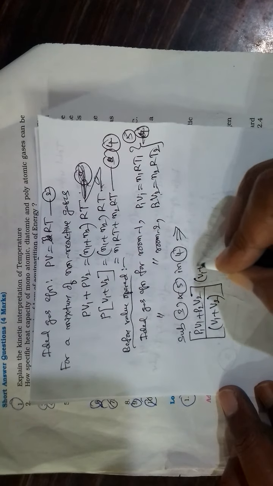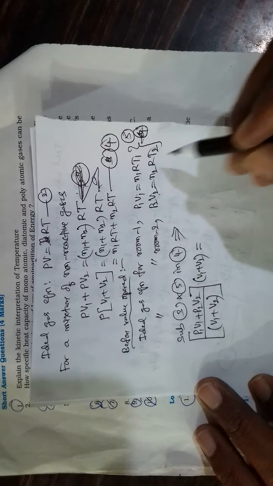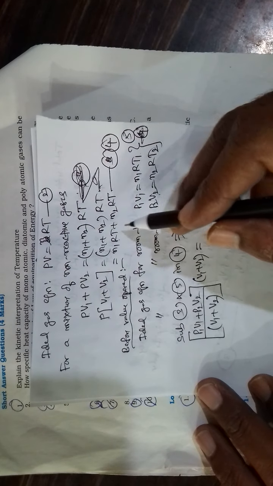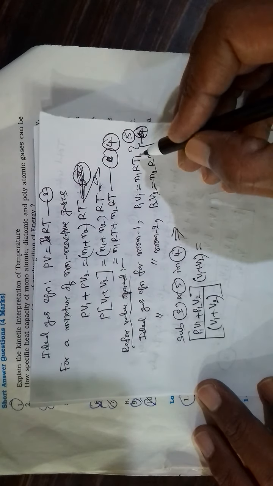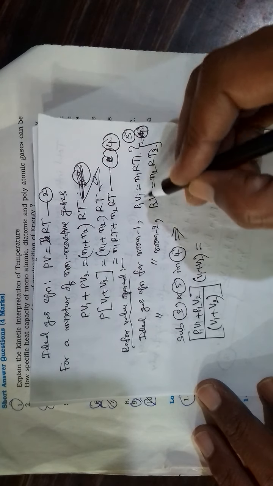P times (V1 plus V2) is equal to n1 R T. n1 R T1, see, T1 should be taken to this side.